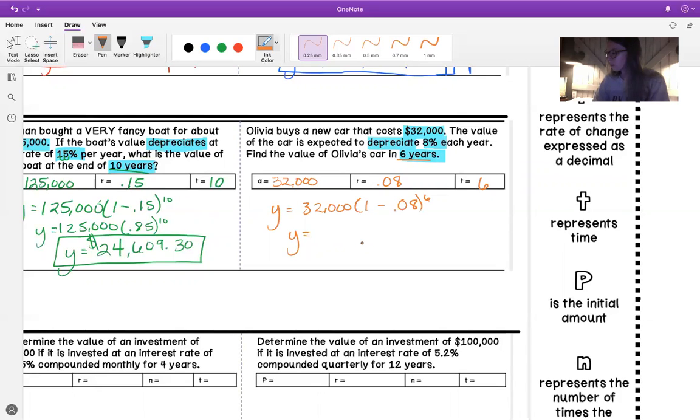And so the car would be worth, honestly, not too bad. So if Olivia wanted to turn around and sell her car in 6 years, it's still going to be worth quite a bit of money. But you can see how much it lost in value. I mean, it lost about $13,000 of its value in 6 years.